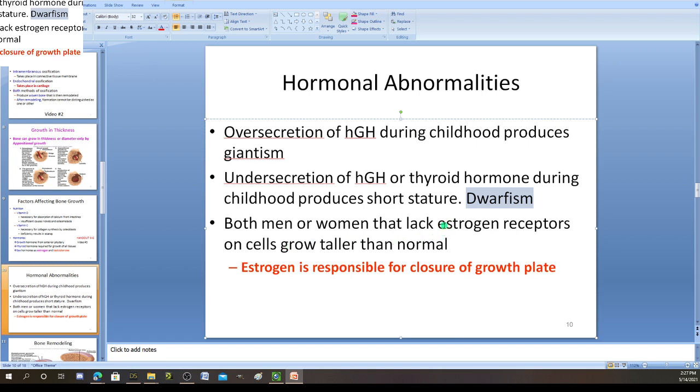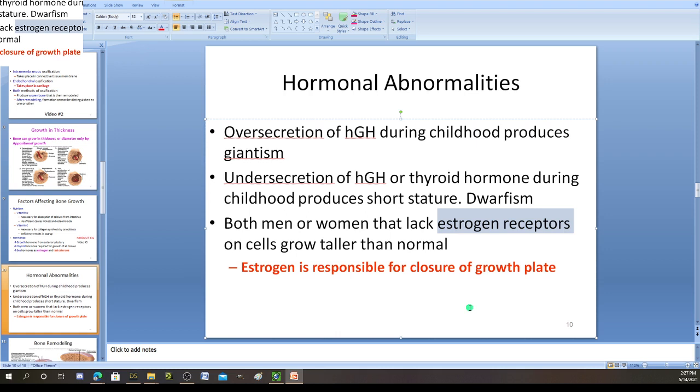Now, our bone cells at the epiphyses have estrogen receptors. These estrogen receptors are going to accept estrogen, and that estrogen then turns off bone growth. Well, if you have a genetic mutation where you don't have these estrogen receptor proteins, then you don't get a signal from the estrogen to stop the growth.